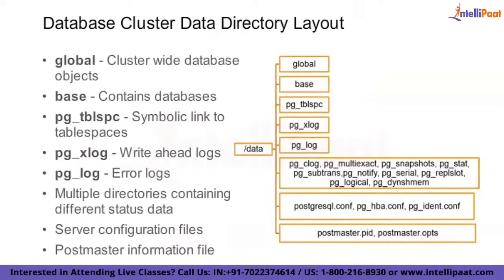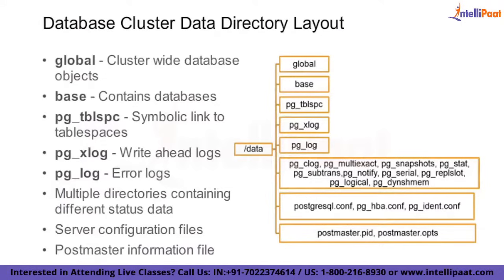pg_hba.conf, we call that host based authentication. Postgres uses host based authentication. So for whatever connections you want to allow from different users, you need to place that in this pg_hba.conf file.